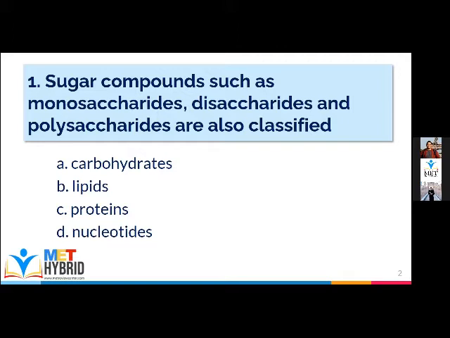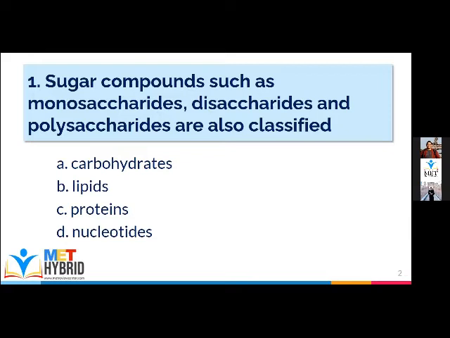When you go to RNA, you have the same bases, except that thymine is replaced by uracil. So here, for question number one, the answer is A, because under carbohydrates you have several types.